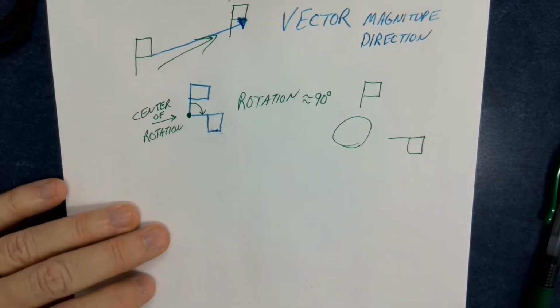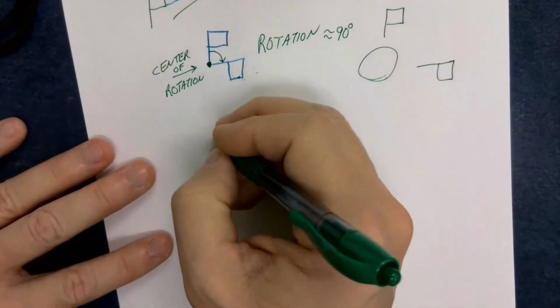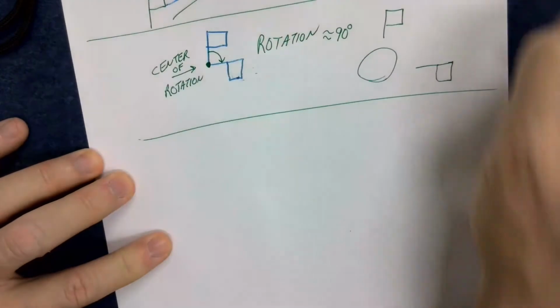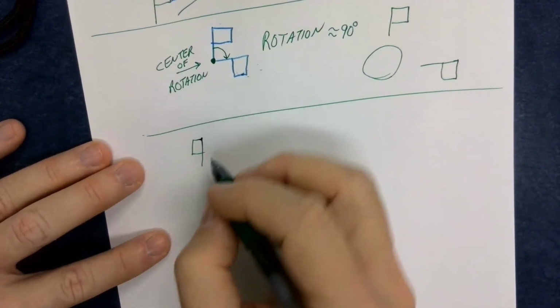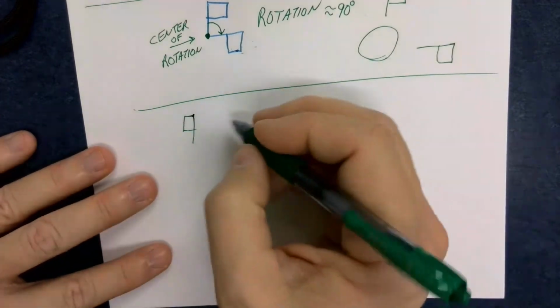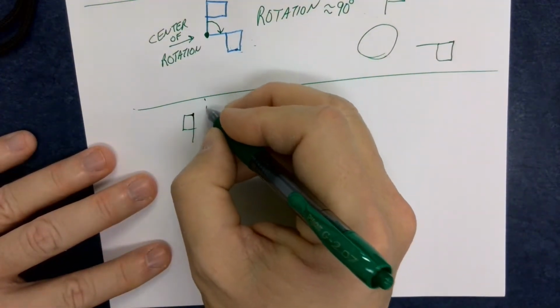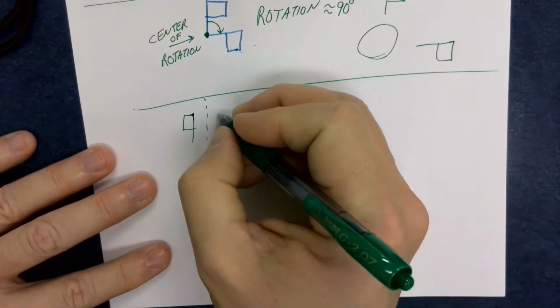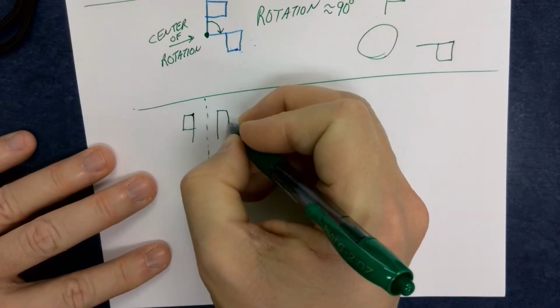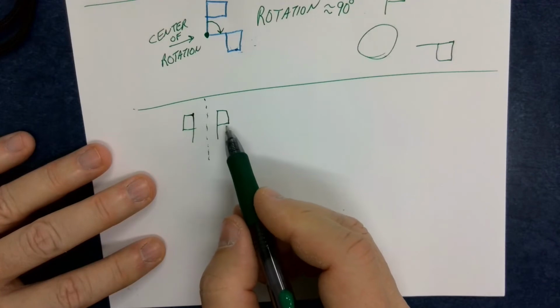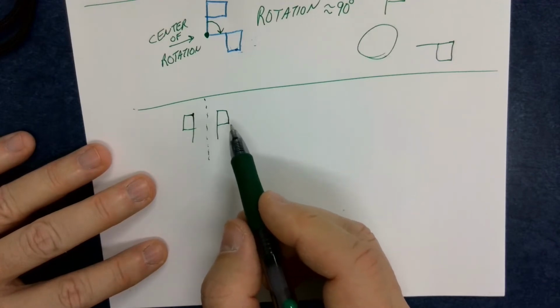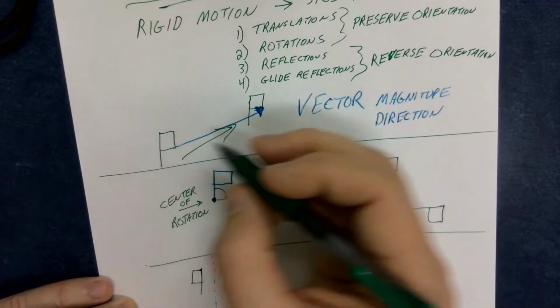So that's rotation. So reflections. If I have a flag like this, there's some line someplace that I could flip this over and it would end up just over here. Maybe I should have done this too. So this would be my original one.